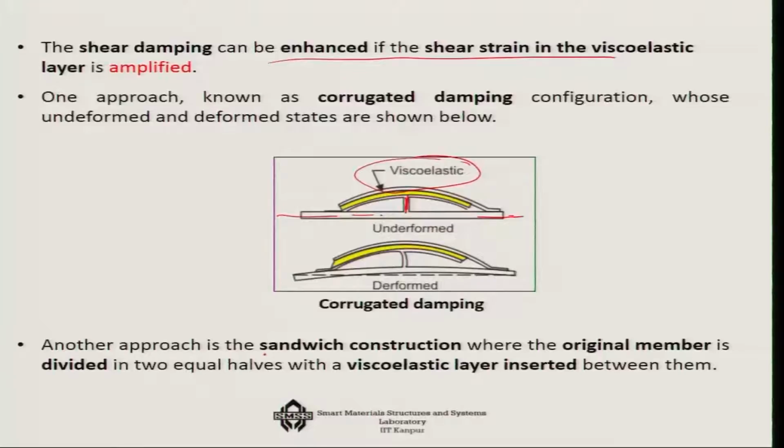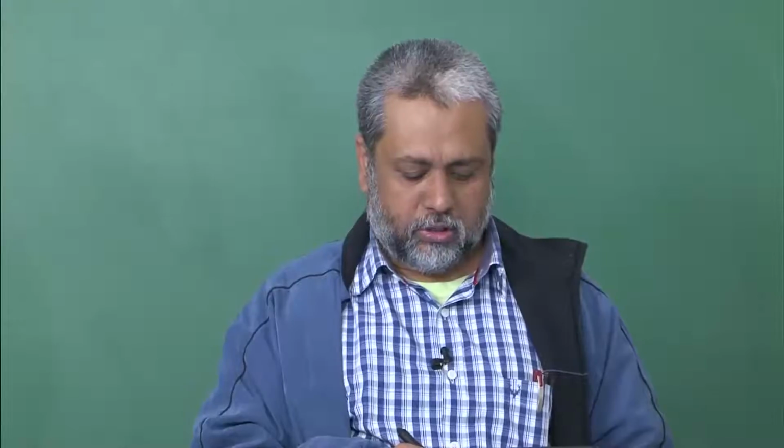Another approach is to make a sandwich construction where the original member is divided into two equal halves with a viscoelastic layer inserted between them. We try all these different technologies to get more shear in the viscoelastic material and thereby generate more loss in the system.